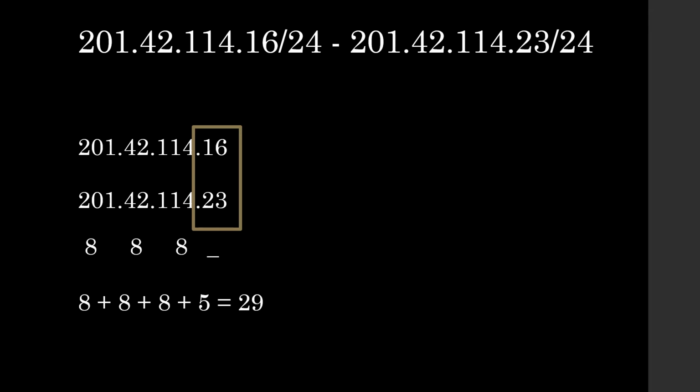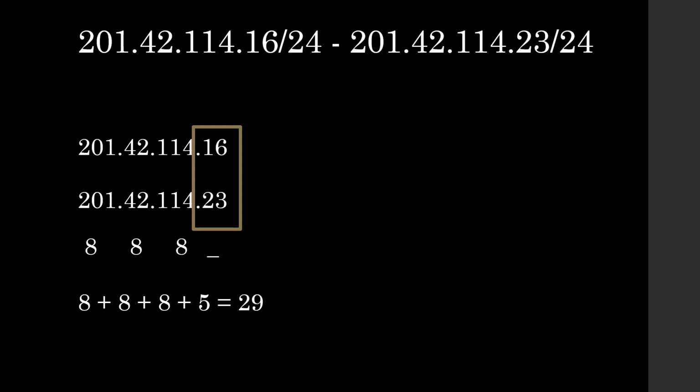Our next step is to determine which octets didn't change, and then we write 8 for each. In this case, on the first three octets the numbers didn't change, and on the fourth octet the numbers did change, so we leave a blank.